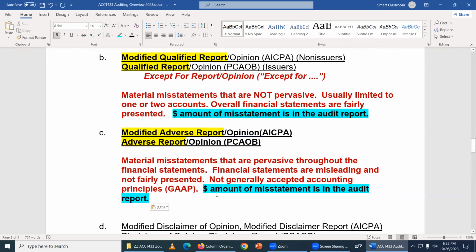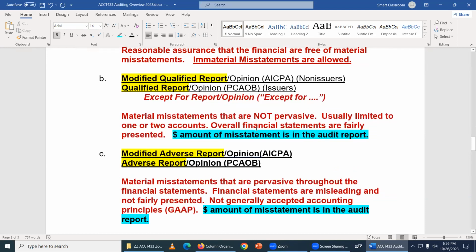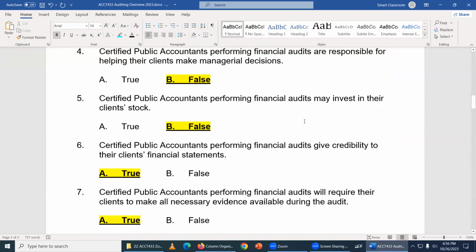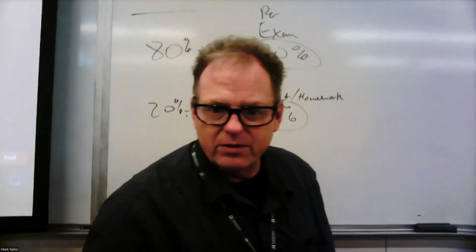There we go. So if it's misstated, now remember, the auditors cannot change the financial statements. So this audit report is the only thing they have. For a qualified or an adverse opinion, they will put the dollar amounts right in the audit report, so it isn't like no one's going to know.